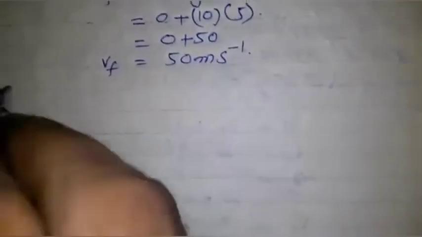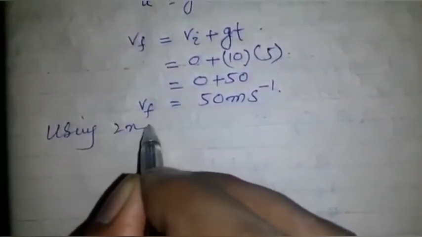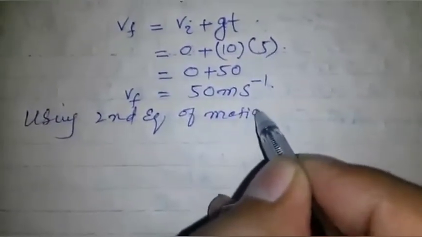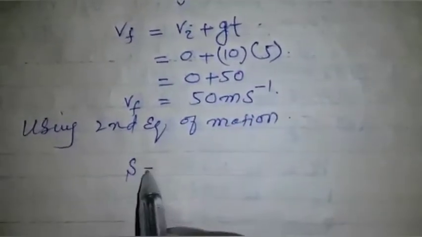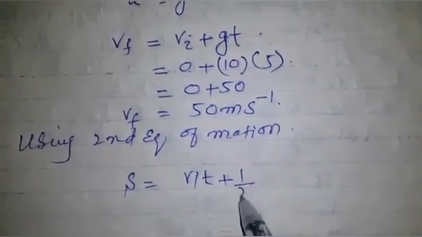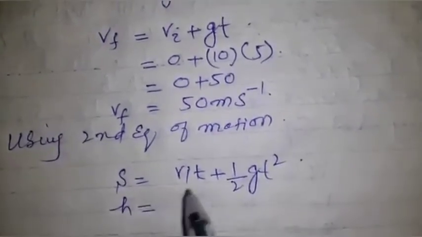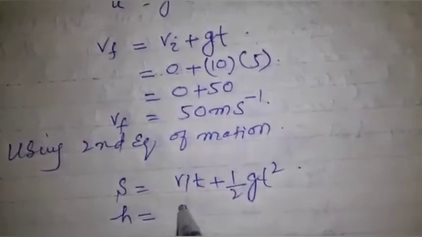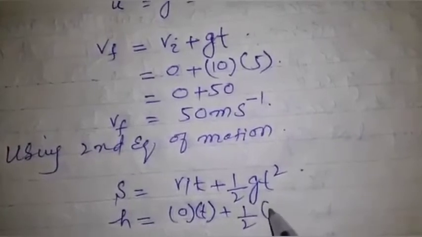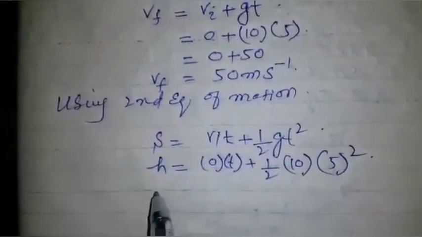Now we are using the second equation of motion. S is equal to Vit plus half gt square, and height h is equal to 0 into t plus half into 10 into 5 square.